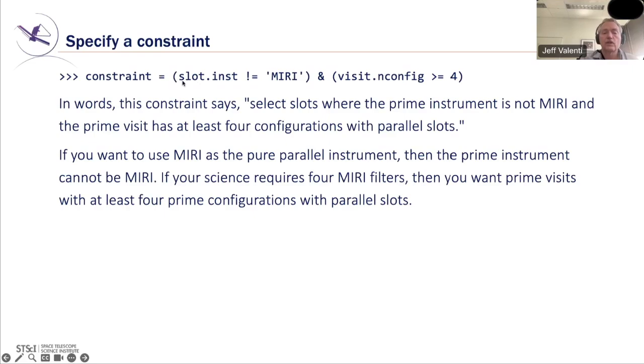So in this case, we're saying we don't want the prime instrument to be MIRI, because we want to do MIRI as the pure parallel instrument. And we want to have at least 4 configurations, because in this case, let's say we want to have 4 different filters with MIRI. So that's it. We just specified the constraint.